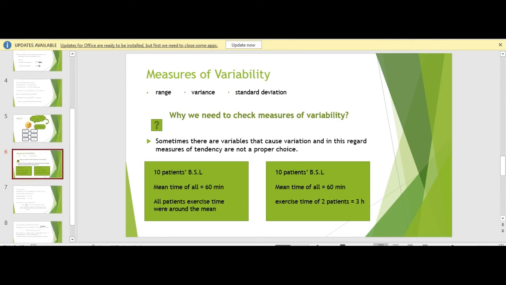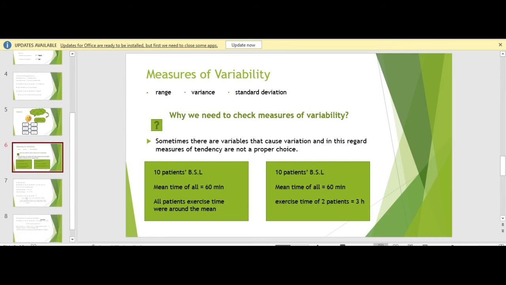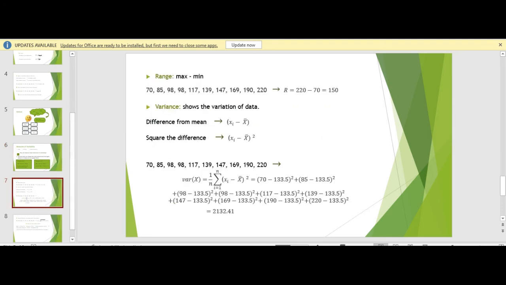And what is the range? Range is the distance between the minimum score and the maximum score. For our example of 10 patients' blood sugar level, the range would be 150. Variance shows us the variation of data, and it's defined as the average of the squared differences from the mean. So in order to calculate variance, we first need to calculate the mean, which we have already done, and it's 133.3.